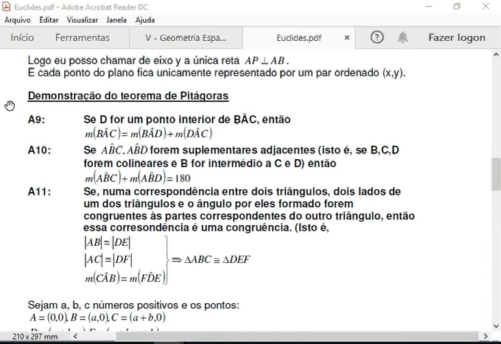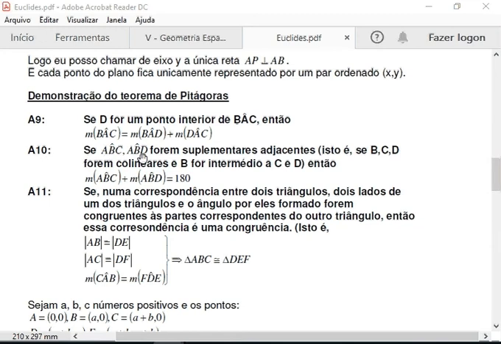Let's prove Pythagoras theorem. A9. D is a point inner to the angle BAC. Then the measure of the angle BAC is equal to the measure of the angle BAD plus the measure of the angle DAC. A10.